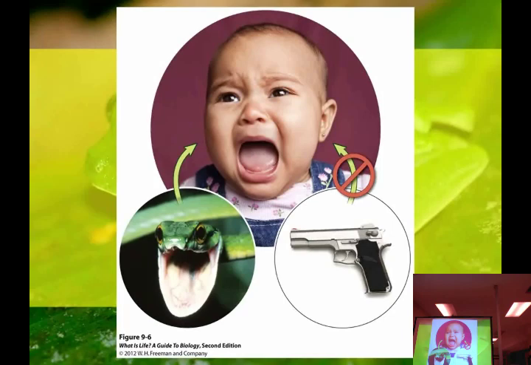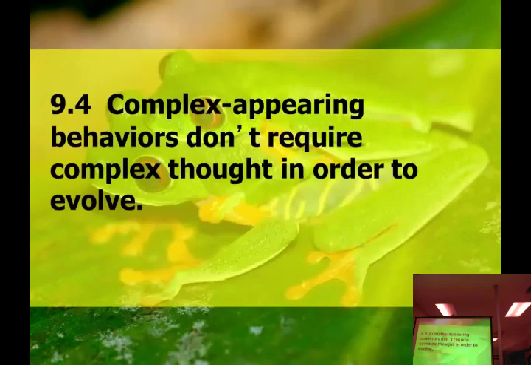But with snakes, it's a much bigger learning curve, because getting used to snakes takes a different kind of learning. So some complex appearing behaviors don't require complex thought in order to evolve. Learning to be afraid of snakes is not a really complex thing. Learning to be afraid of guns, there are varying levels in between.